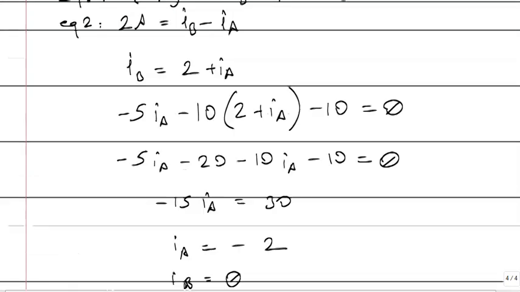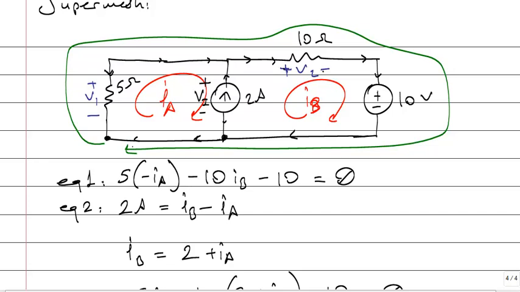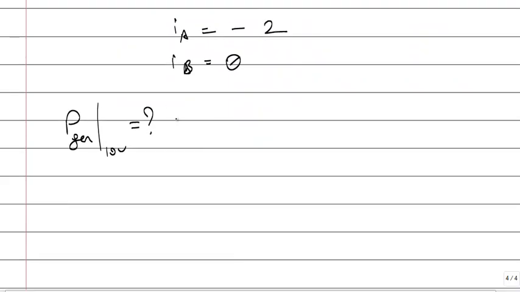What's the power generated? Voltage times current, but does this enter from positive or negative?